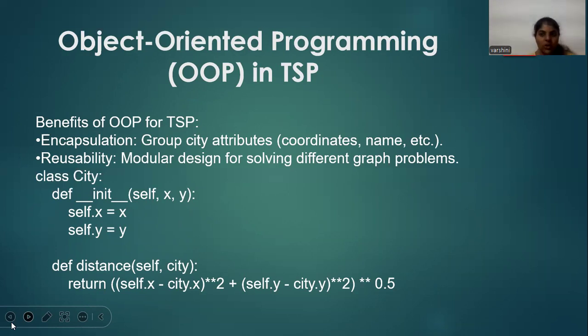For example, class City, def __init__ with self, x and y: self.x = x, self.y = y. Define distance with self and city. It returns ((self.x - city.x) squared plus (self.y - city.y) squared), all raised to the power 0.5.